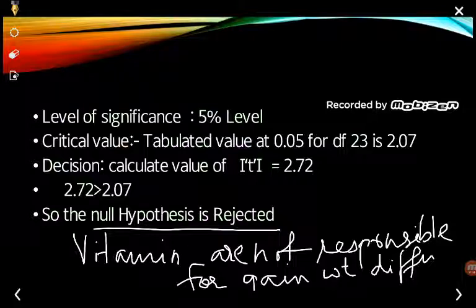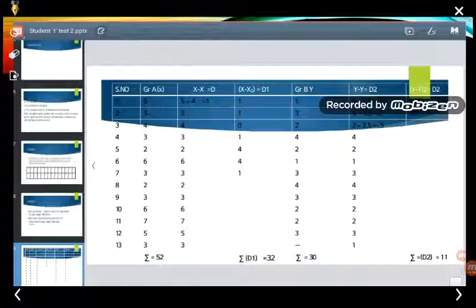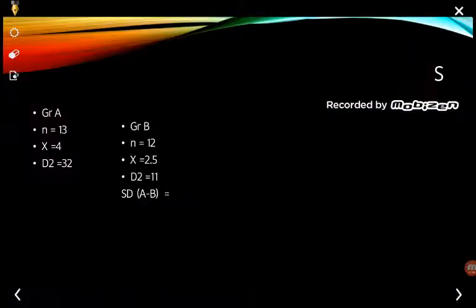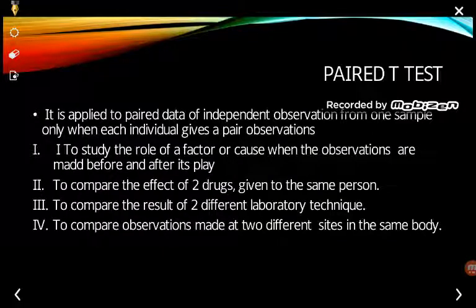In order to calculate, first we have to find out the standard deviation, after that the standard error, and after finding the standard error we put it in the formula and find the t value. So in this way we calculate the unpaired t-test.